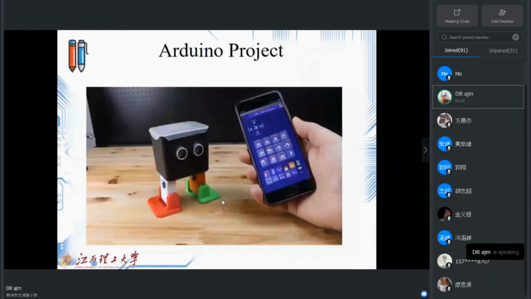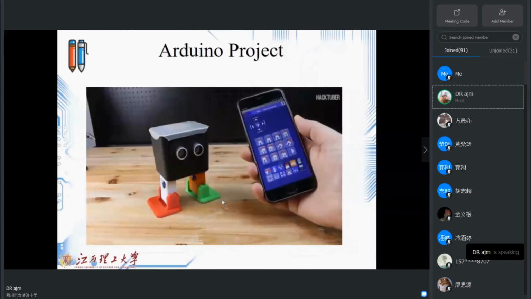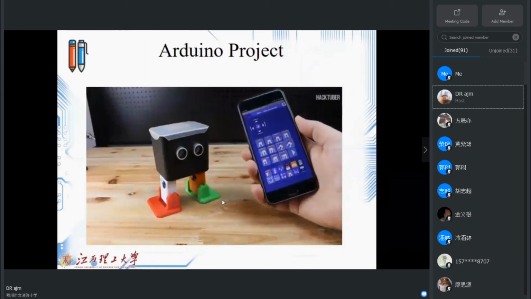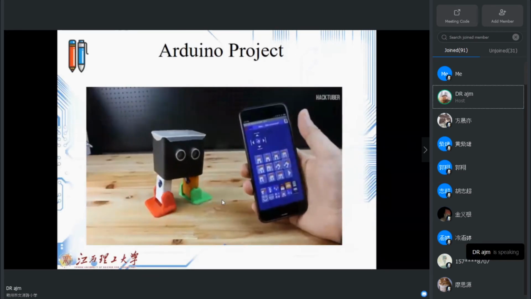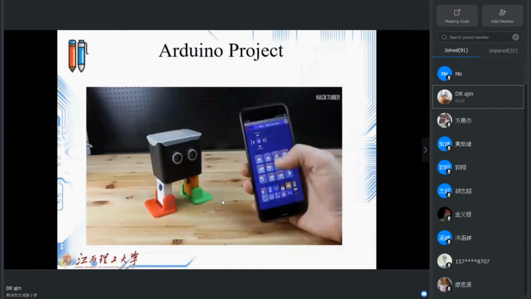Now they can control it with a smartphone. This app, you can even write yourself.